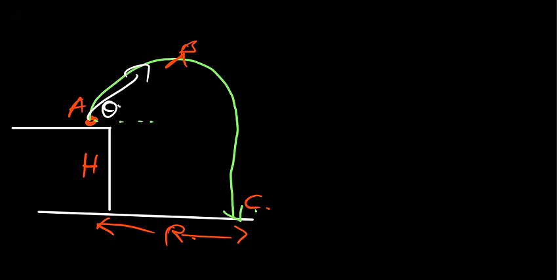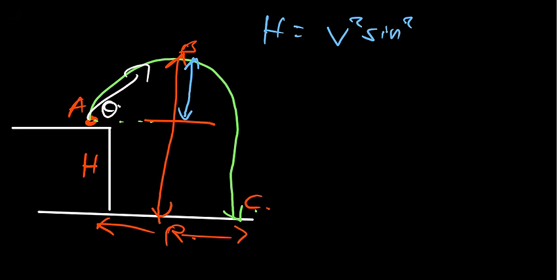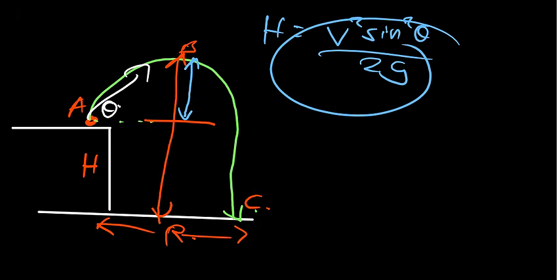What you have to do is just find this h, from this point all the way to there. To find this h is to use the same formula, V squared sine squared theta over 2g. Once you get this, plus the h which you are given here, that is the total distance, the maximum height. Does that make sense?